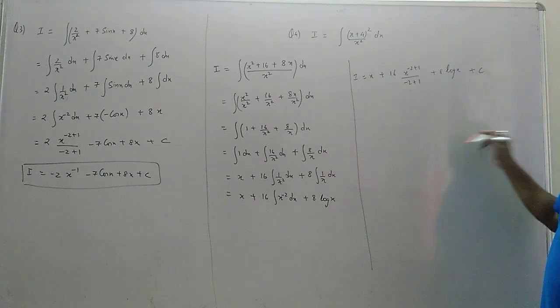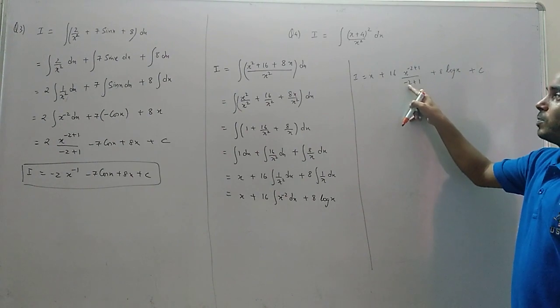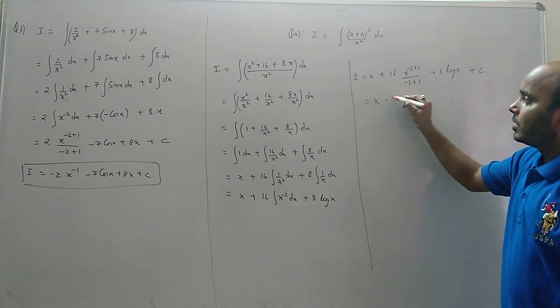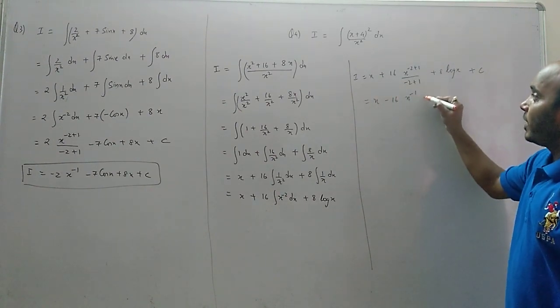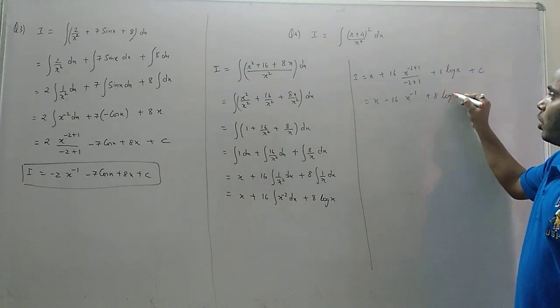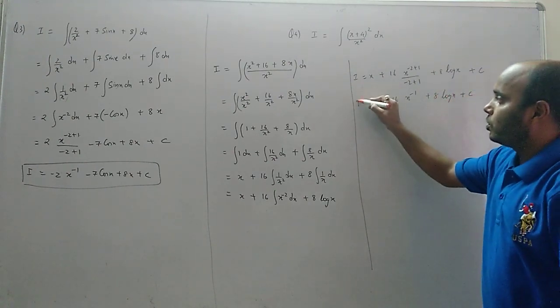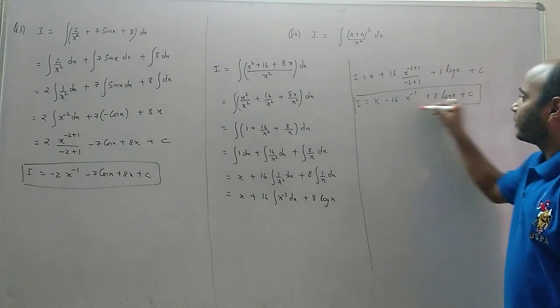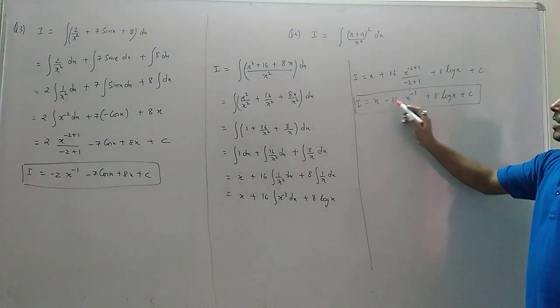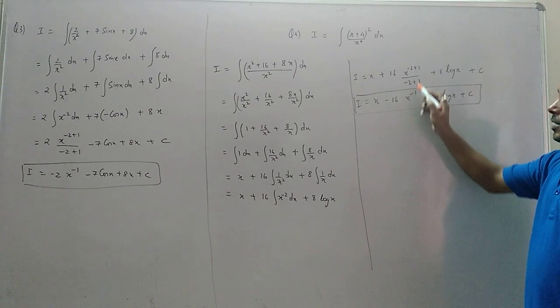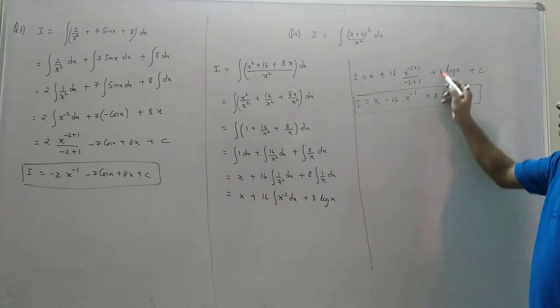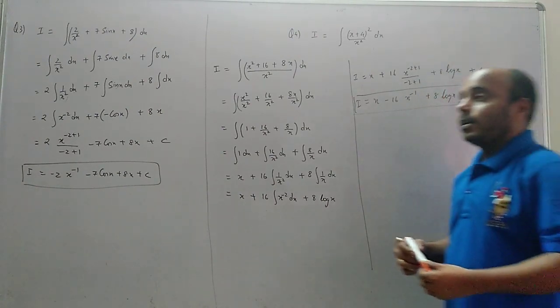Now you can write plus c. Now you can solve this. Minus 2 plus 1 is minus 1 to go up. So x minus 16, x to the power minus 1 plus 8 log x plus c. So this is your final I. Understood? Clear class?